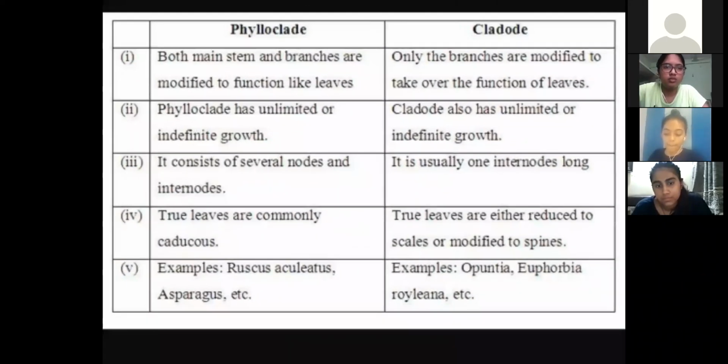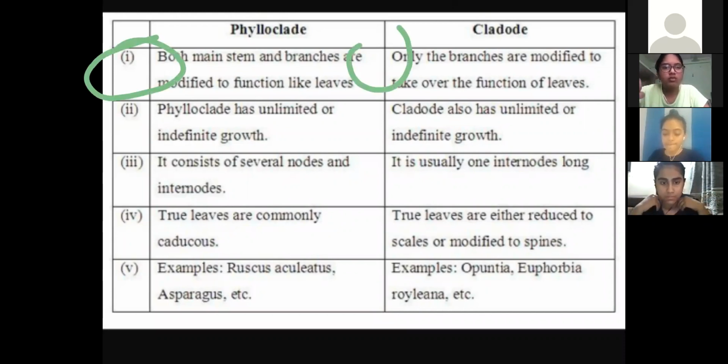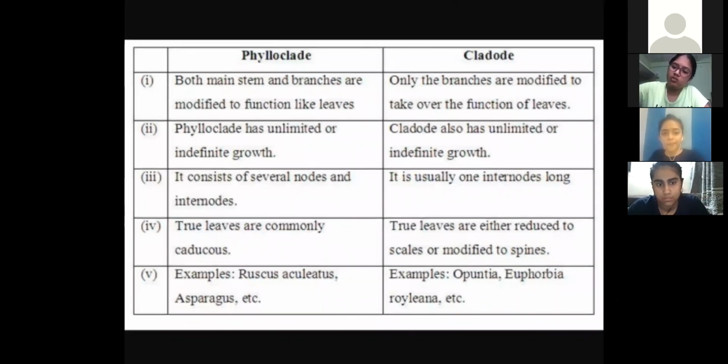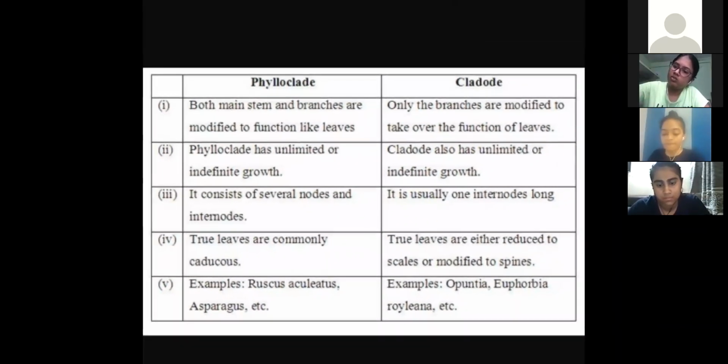Remember phyloclade and cladode. The main difference that you have to remember is the first point only. No need to go into other points for the time being, because here in the examples this thing is given wrong.